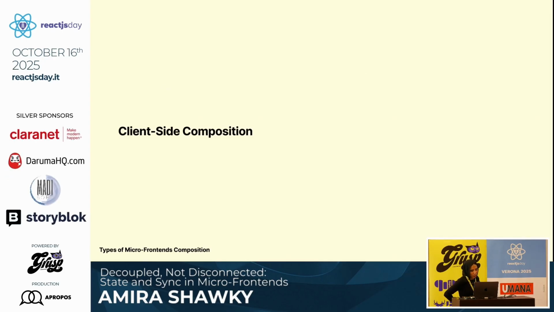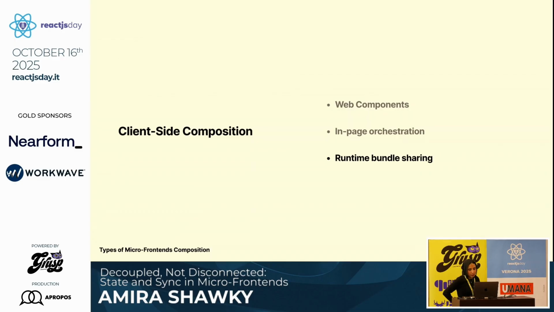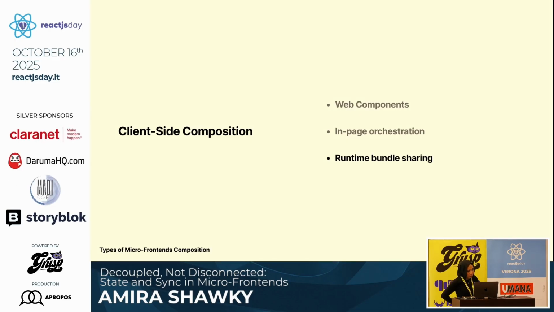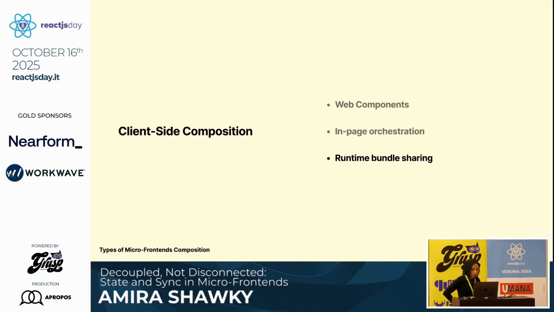Now the last type of client composition is runtime build sharing. It means multiple applications built independently can share dependencies at runtime rather than building their own copies. So we have two micro frontends, dashboard and settings, both importing React. They actually use the same instance already loaded by the shell or another application.